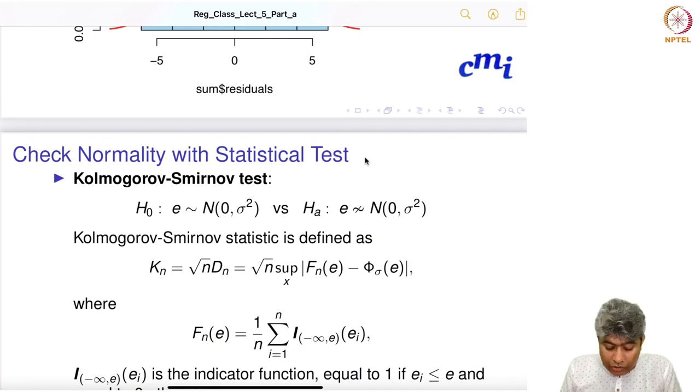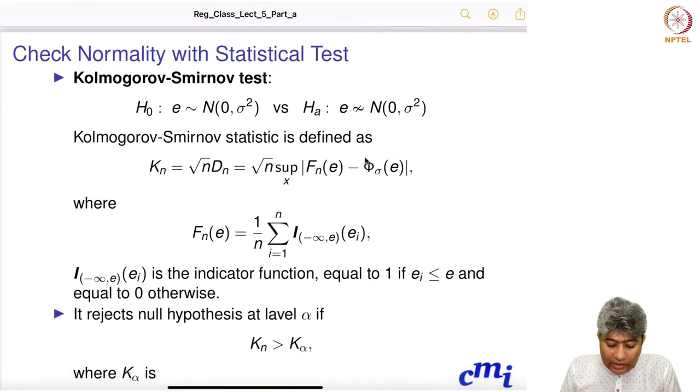To check normality with a statistical test, perhaps the most popular one is the Kolmogorov-Smirnov test, which basically tests the null that the residuals follow normal 0, sigma square versus the alternative that the residuals do not follow normal 0, sigma square.